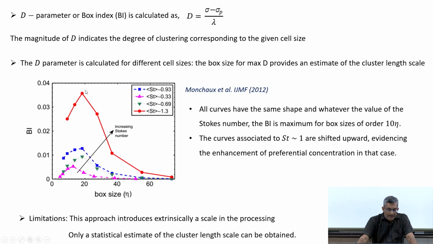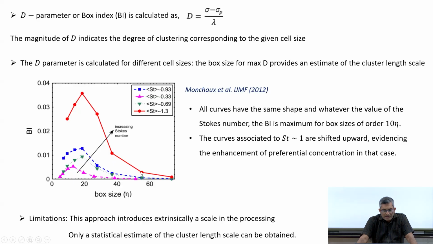Okay. And in this case, the experimental results are presented for different Stokes numbers, but as the Stokes number approaches about 1, or is of the order of 1, you see a very high value of the box index or D parameter. Okay.